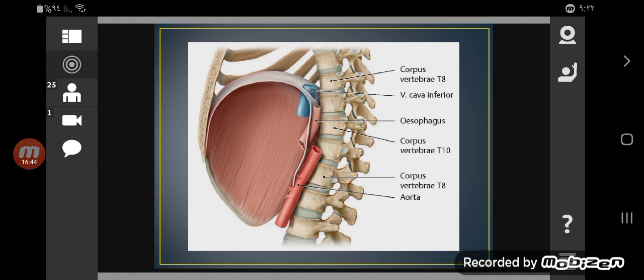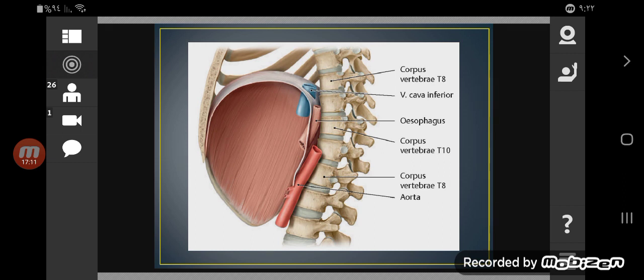The descending aorta starts at the level of T4-T5, the sternal angle, and at the level of T12 the descending aorta passes through the diaphragm and enters the abdomen. At the level of L4, the fourth lumbar vertebra, the descending aorta ends by bifurcation into the common iliac arteries, right and left.